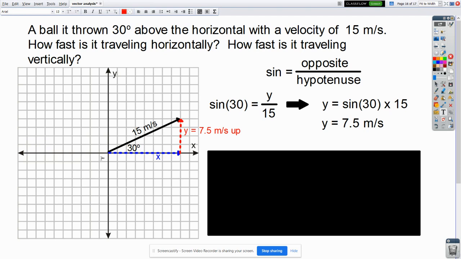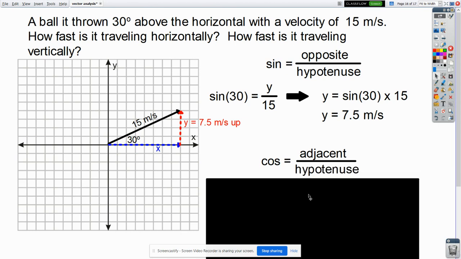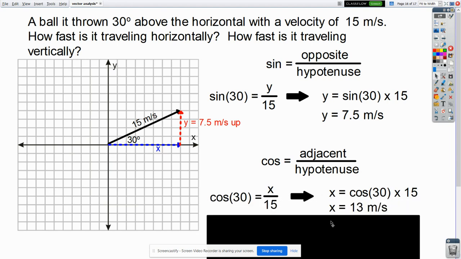And then to find this x side, I'm going to use cosine because this x side is adjacent. This x side is connected to the 30-degree angle, so it's an adjacent side. Adjacent over hypotenuse. So the cosine of 30, again, the angle I was given, is equal to x, the adjacent side, over 15, what the actual hypotenuse is. Rearrange that to solve for x.